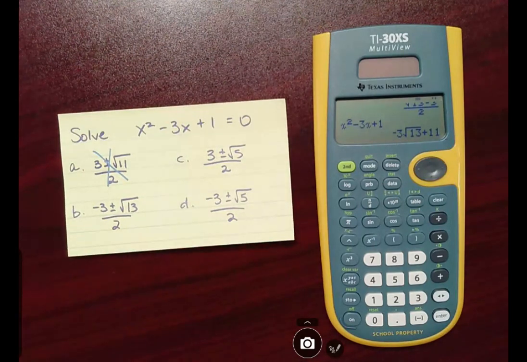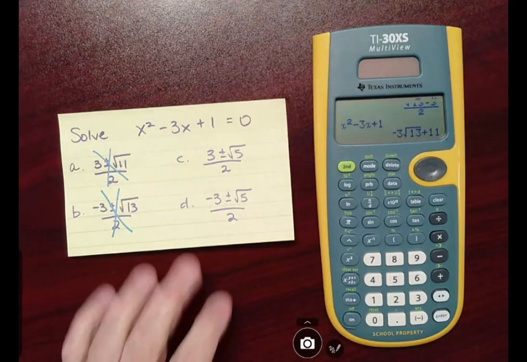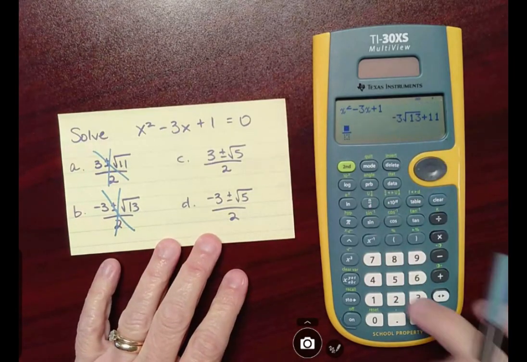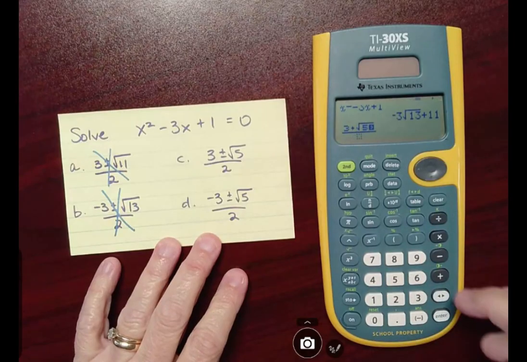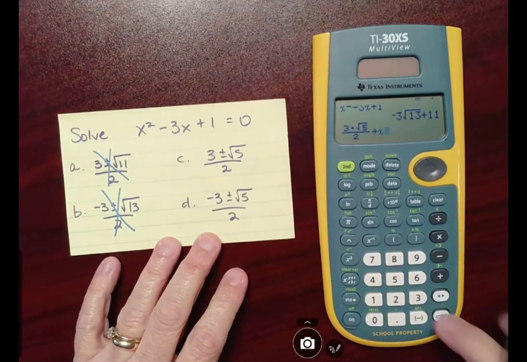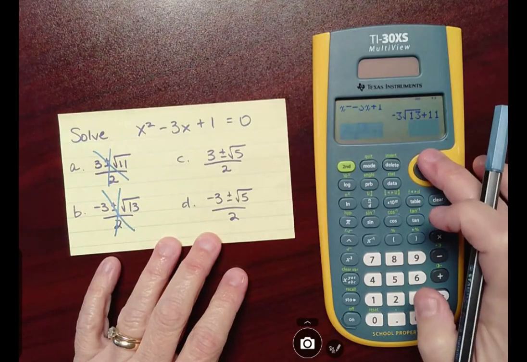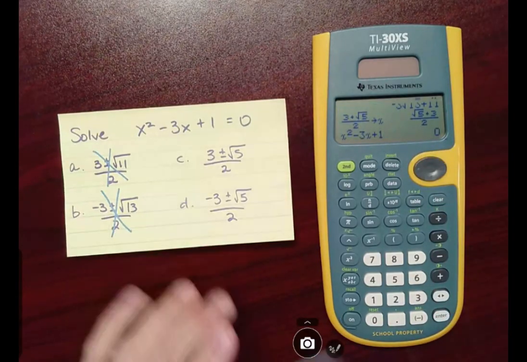That's not 0. Not the right answer. Let's go on to answer choice C. 3 plus second square root of 5 over 2. Store X, enter. I'll go up and grab my equation, hit enter, and I get 0.